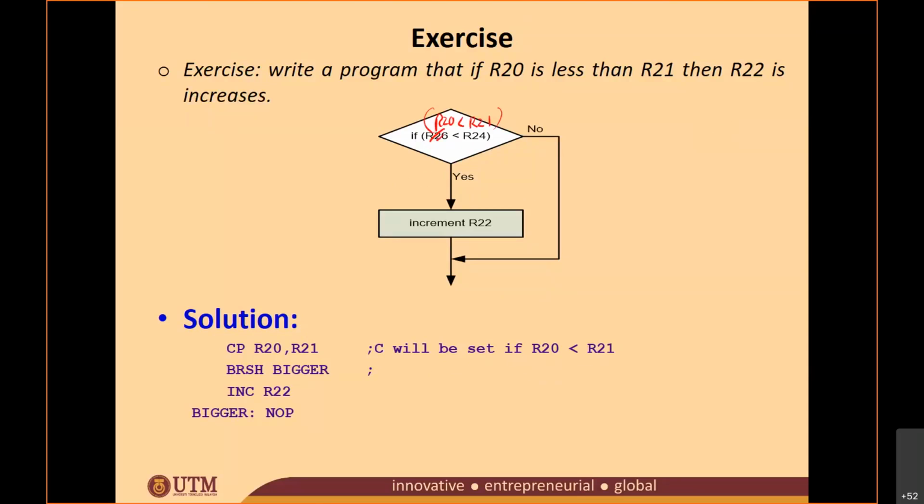In this example, which instruction are you going to use? You have a lot of branch instructions. Which one is the best to use in this example? Can you tell me what instruction you're going to use?